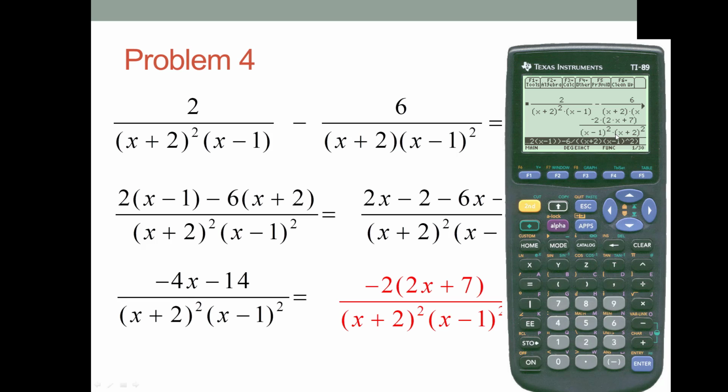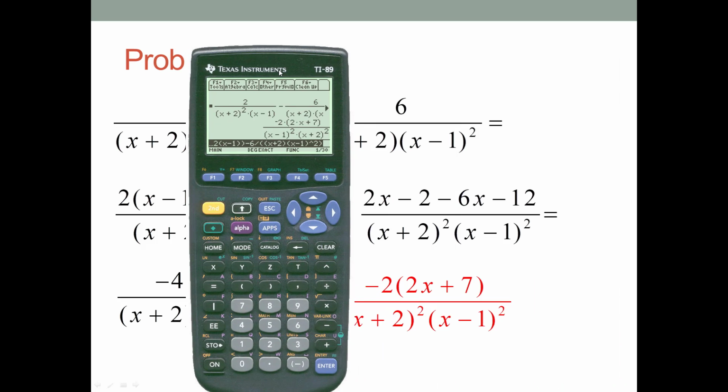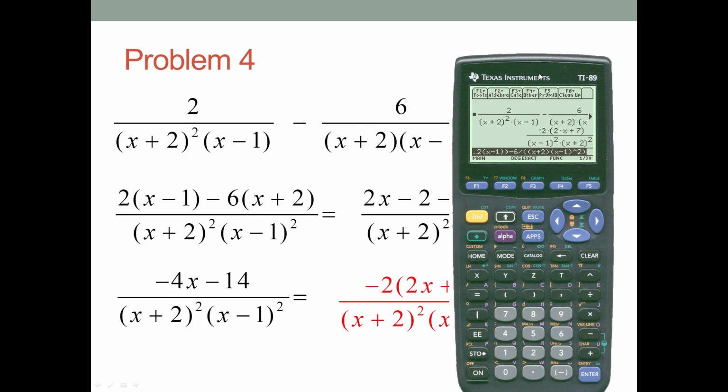And there you have it, same thing we got in the calculator: negative 2 there on top, 2x plus 7, and of course in the denominator, x minus 1 to the second, and x plus 2 to the second. Again, these don't have to be in the same order because it's multiplication. Multiplication is commutative, so you could put the x minus 1 squared first, or the x plus 2 quantity squared first.